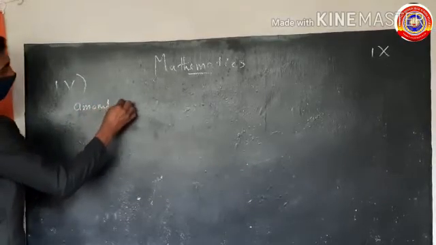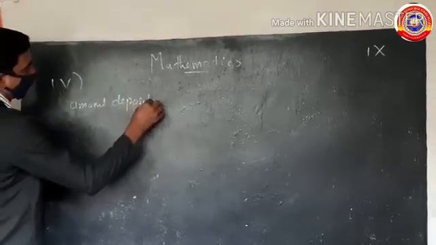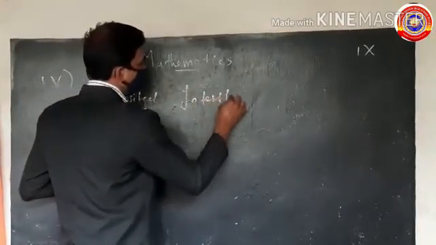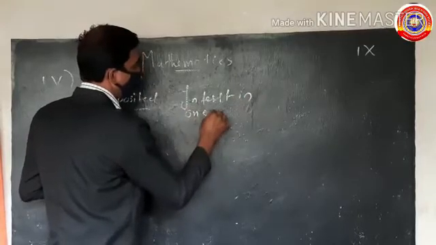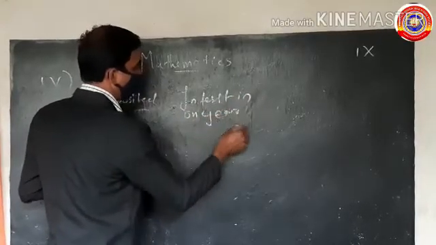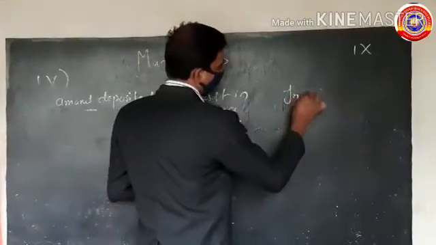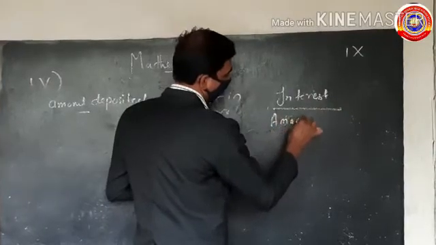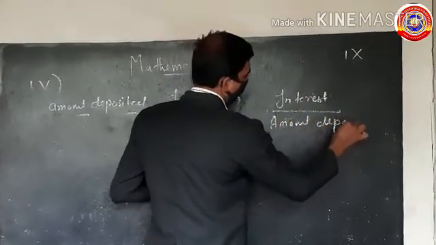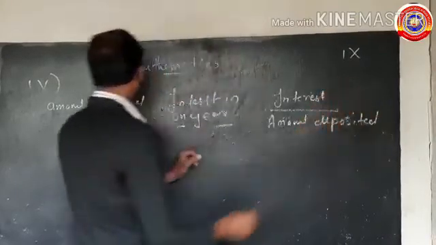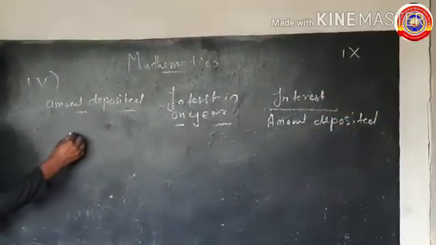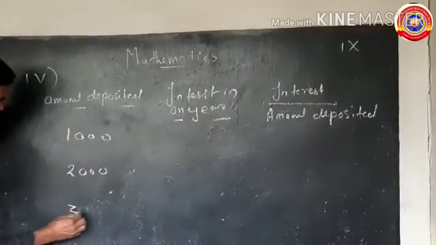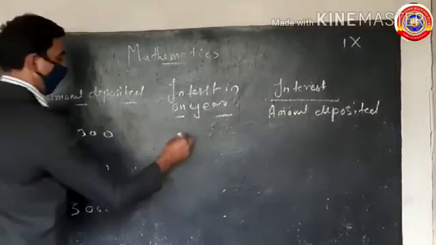Amount deposited, interest in 1 year, and interest by amount deposited. Let the amount deposited be 1000, 2000 and 3000.